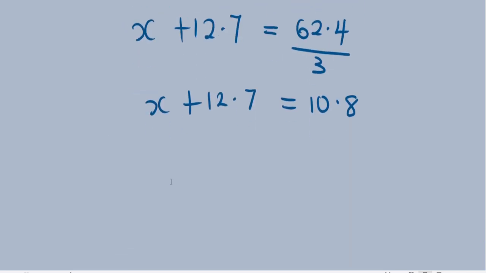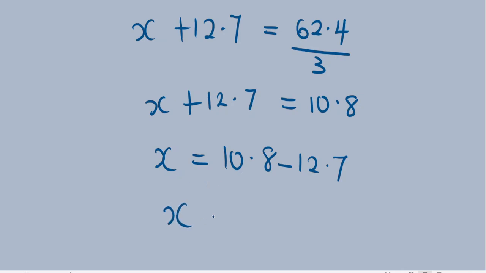Then I told you that when a number is connected to a variable by addition, you remove it by subtraction. So your x will now be 10.8 minus 12.7, because your addition here is crossing the bridge, so it becomes negative. If it was negative and it crosses the bridge, it becomes positive. But it was positive, now it crosses to become negative.